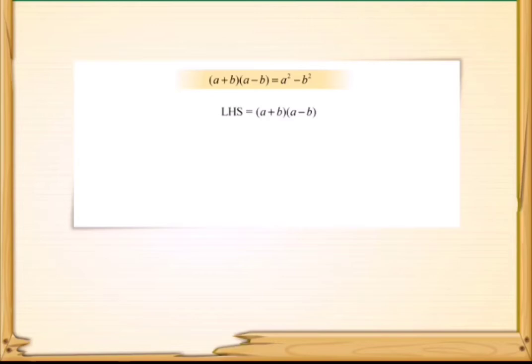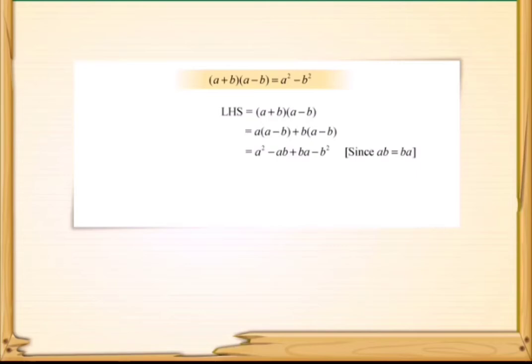Using the distributive law, the left-hand side can be written as a multiplied by (a minus b) plus b multiplied by (a minus b), which is equal to a square minus ab plus ba minus b square.